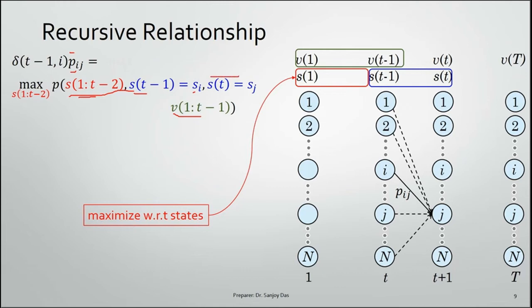I had to add this to my condition, St equals Sj, because Pij is the transition probability of jumping to state Sj given the state is Si, and the state at time t-1 was indeed equal to Si. And therefore, by multiplying this probability Pij, I have to add St equals Sj.